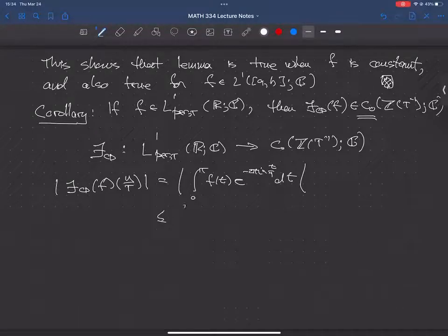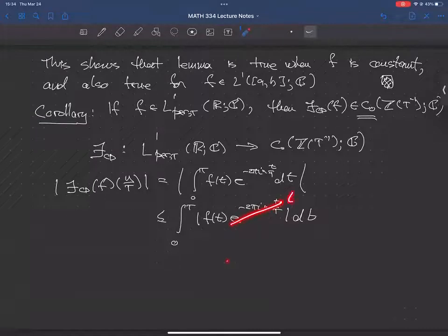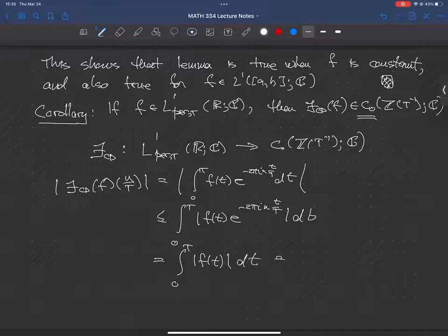All right, so this is a standard thing that you will have learned about integrals. And as we've seen several times before, since the modulus of this is 1, this is simply, and so this is the 1 norm.